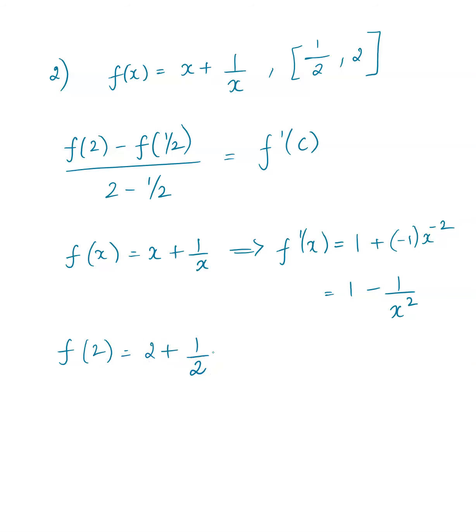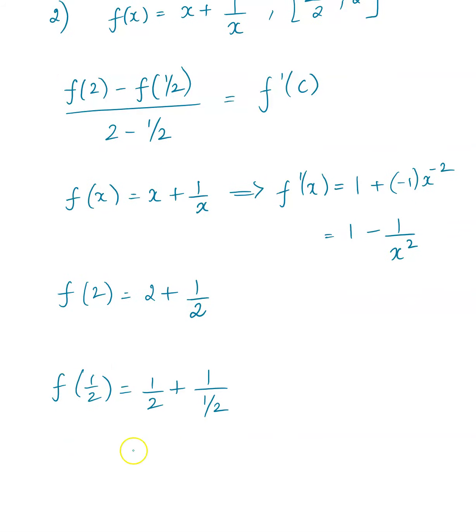Again, you can simplify this. f of half will be half plus 1 over half. Now I can simplify that, but I anticipate that this also comes back as 2, half plus 1 over half is 2, isn't it? And then f prime of c will be 1 minus 1 over c squared.